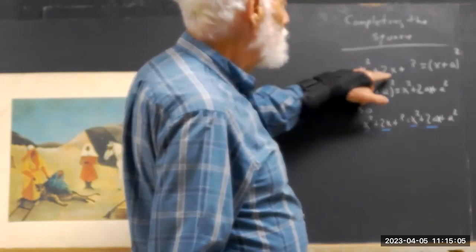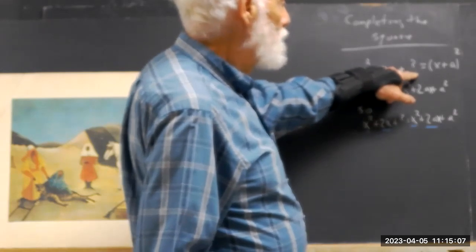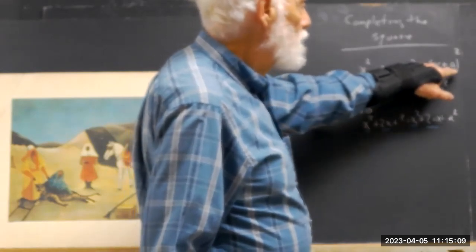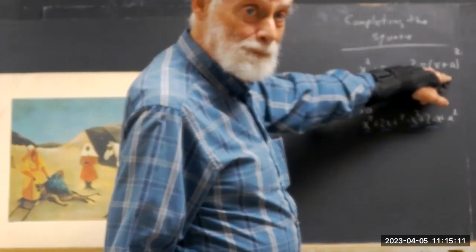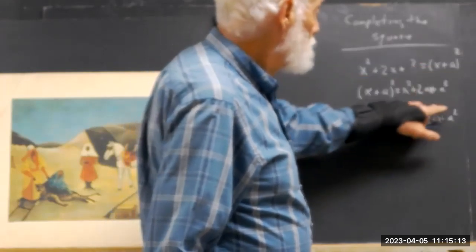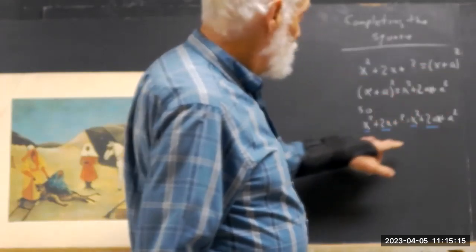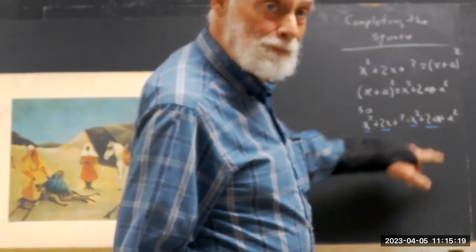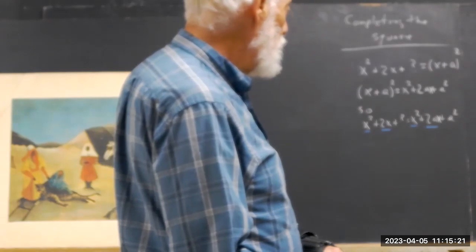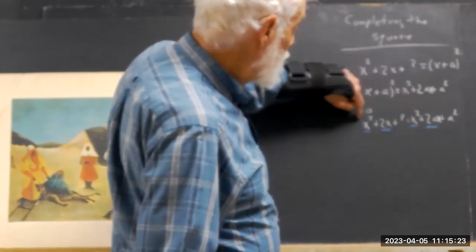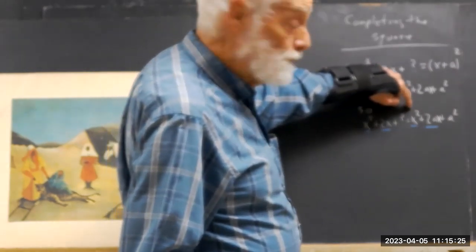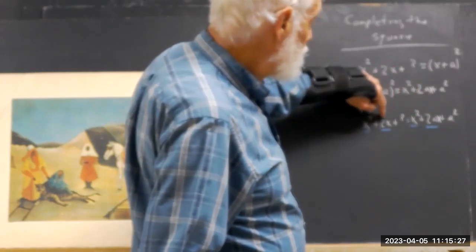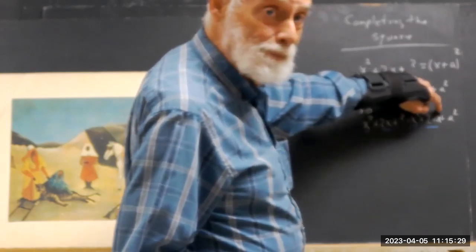We want x squared plus 2x plus whatever to equal the square of x plus a, where a is some number. The square of x plus a is this, so we set this equal to this and see if we can figure out what a is. The x squared matches up. We have a 2x and we have a 2ax.